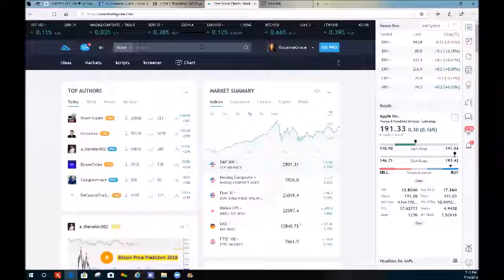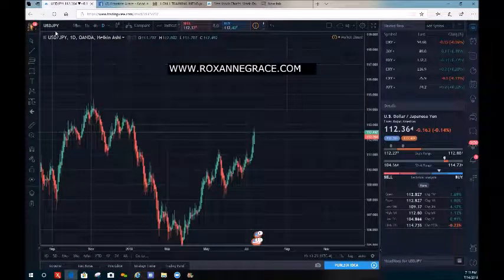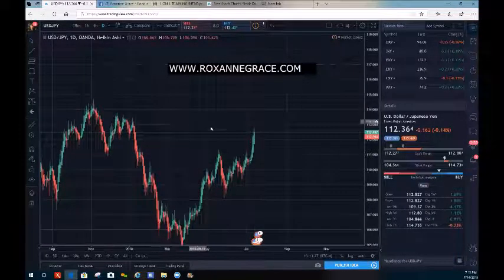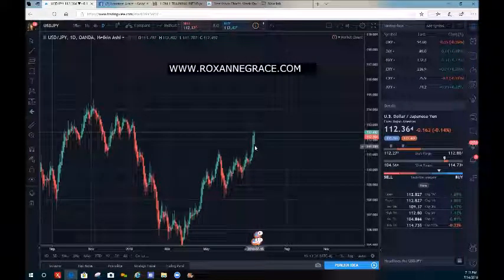But what I'm going to do right now is go over the United States dollar versus the Japanese yen. That's the pair I have up here on this screen, the USD/JPY.